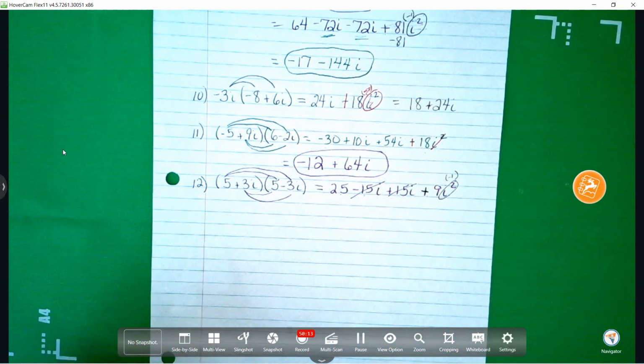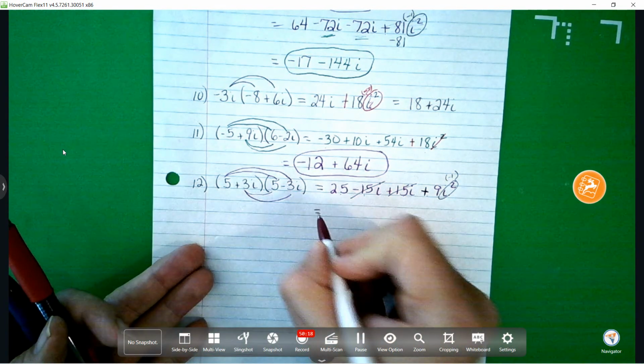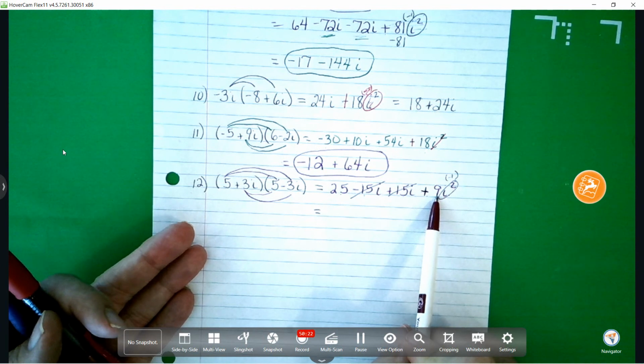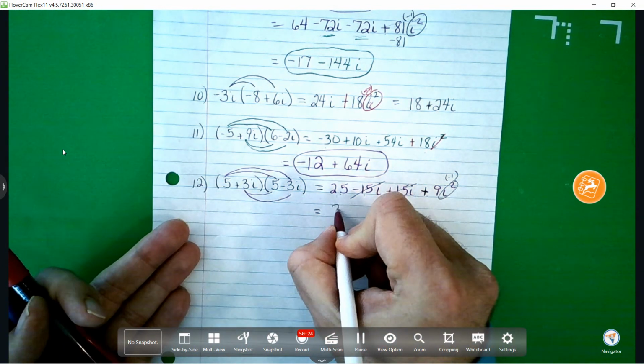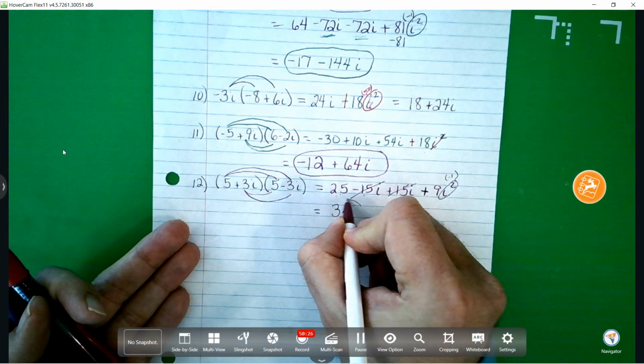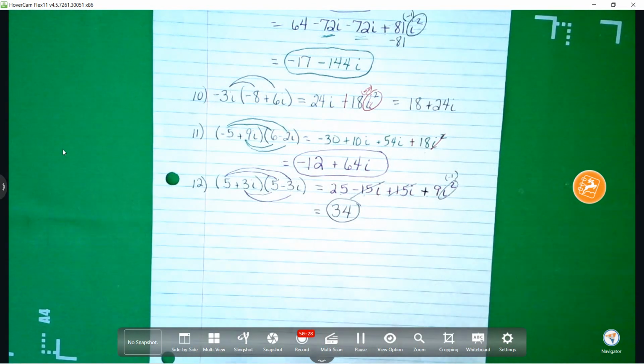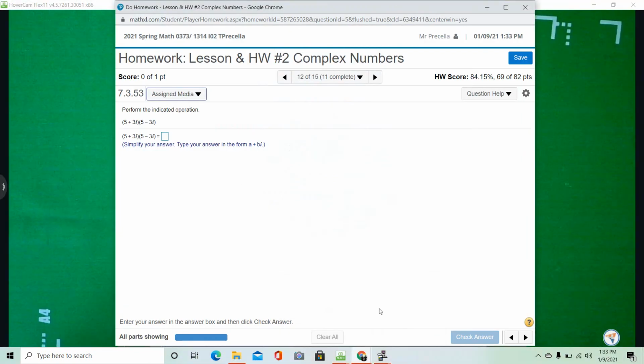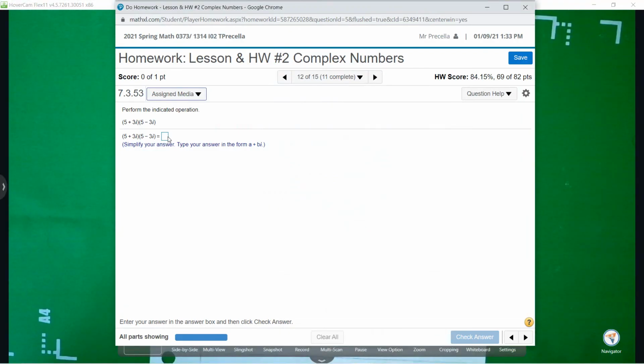So we'll change that to a plus 9. So we have 25 plus 9. That's just a 34. No imaginary number here. This answer is just a real number. 34.